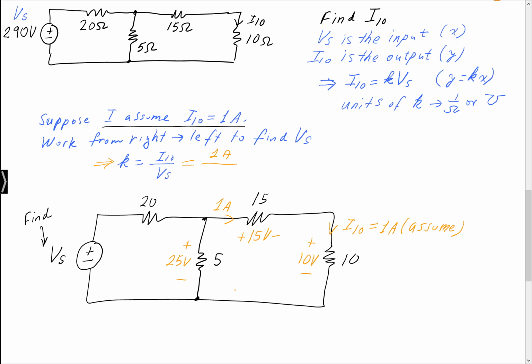Well, if the voltage across a 5 ohm is 25 volts, then the current through the 5 ohm, top to bottom, this current right here, has to be 5 amps, right? So if that's 5 amps, then the current that's flowing through the 20 ohm coming to the junction must be 6 amps.